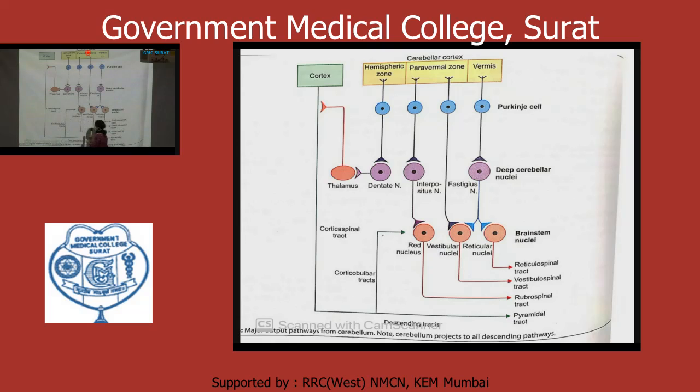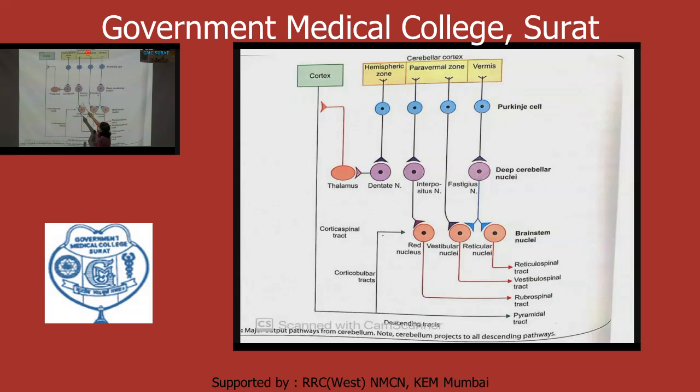Via both pyramidal as well as extrapyramidal, with the help of corticospinal tracts and the corticobulbar tracts, it influences the activity and controls all types of descending tracts, that is pyramidal tracts as well as the extrapyramidal tracts. All the tracts are controlled with the help of this cerebrocerebellum.